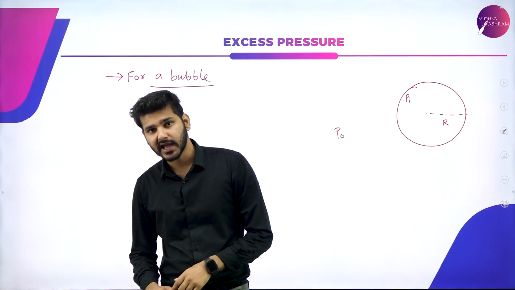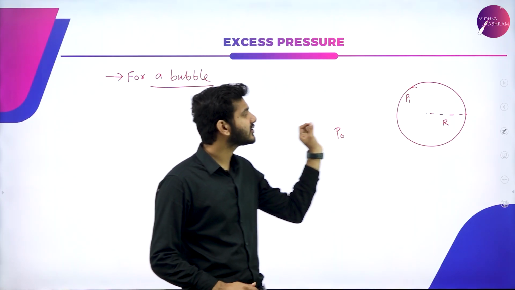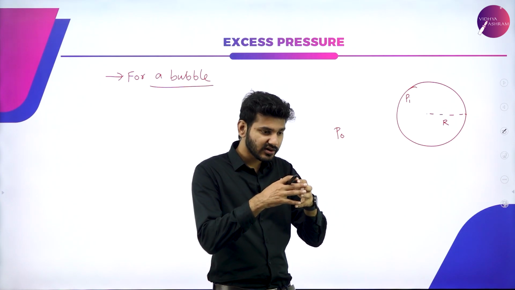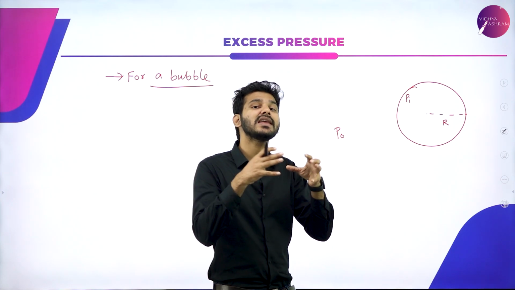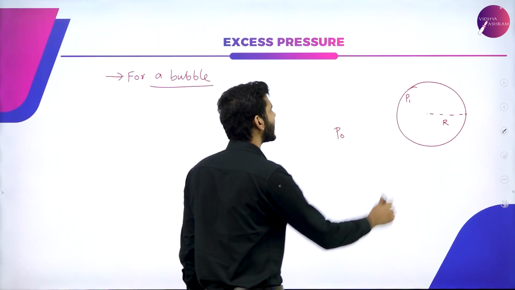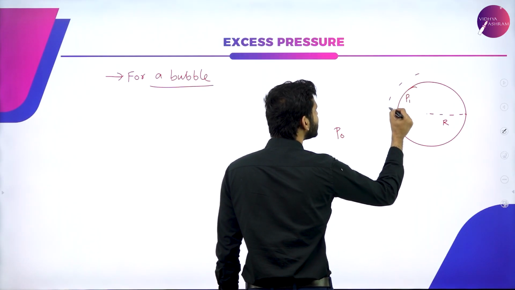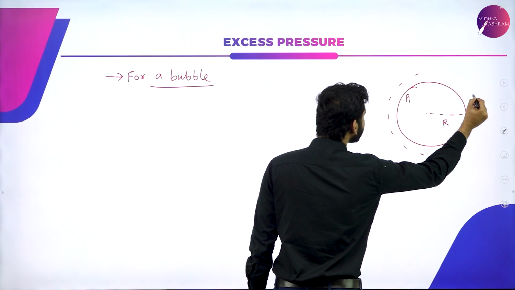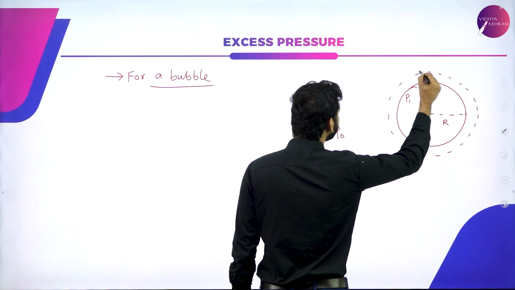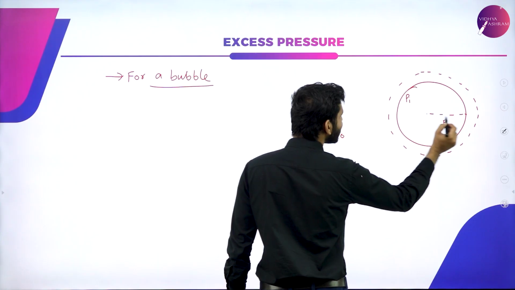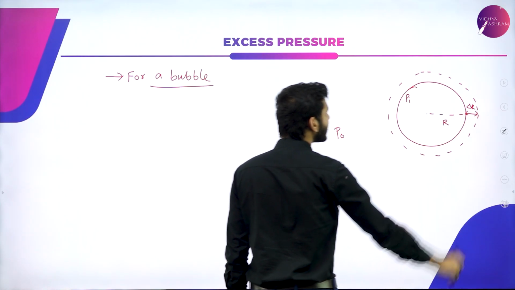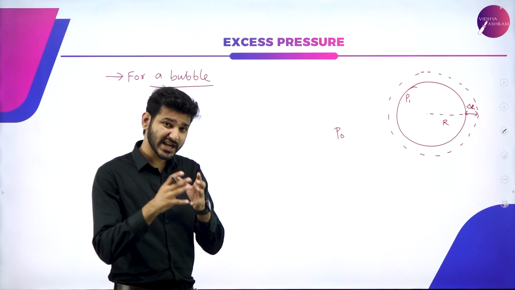I gently inserted a straw inside and blew, so that the radius of the bubble increased very slightly. If this was the initial radius, I applied a small pressure inside the bubble so that the radius increased by delta R, which is again very small.